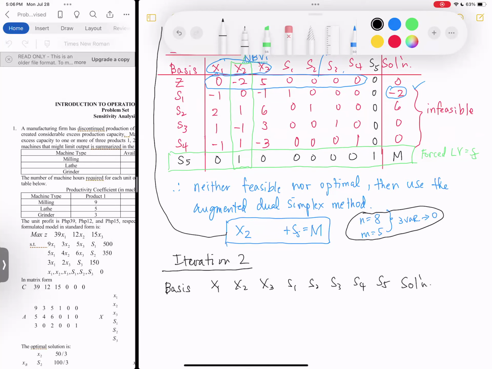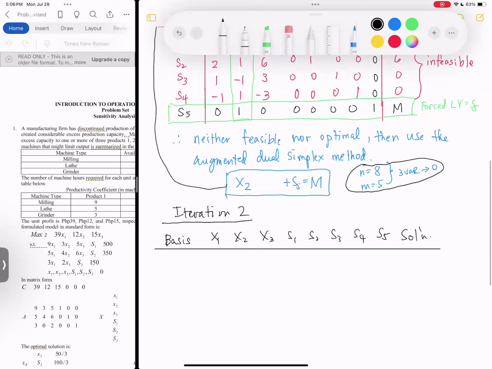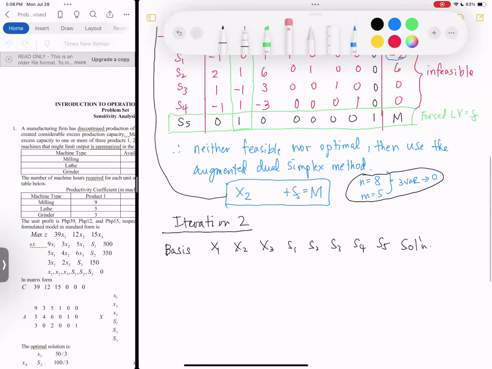I don't think we'll be able to get to sensitivity, but let's see. Okay, so you have C. Okay, we'll have what?